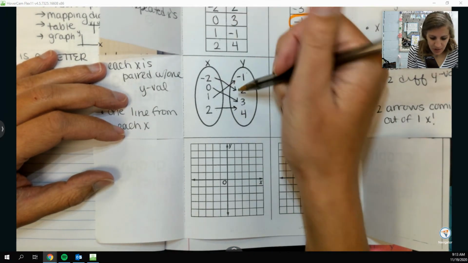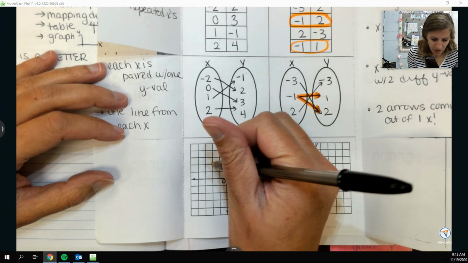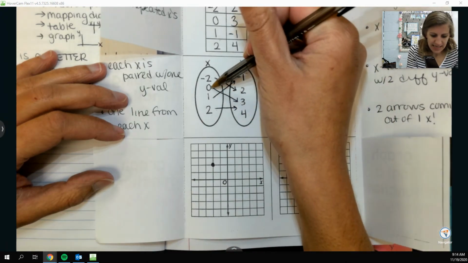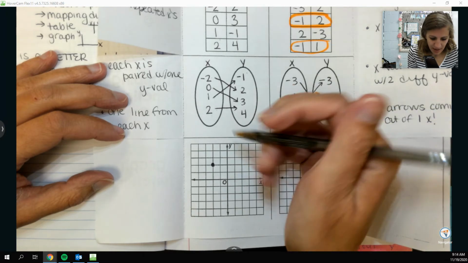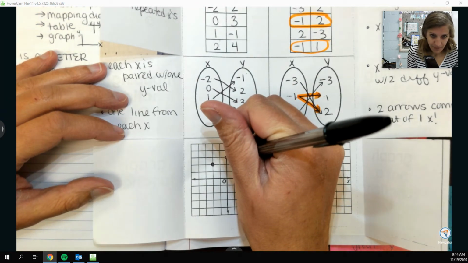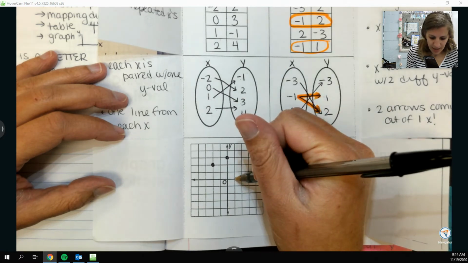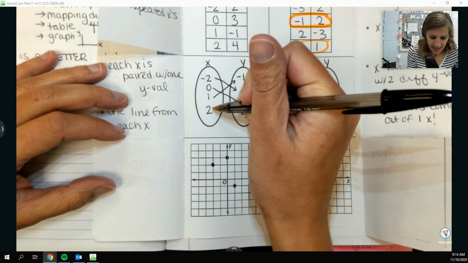So -2 goes with 2, so I go -2 and then 2 and plot my point. 0 goes with 3, so I go 0 and then 3 and plot my point. 1 goes with -1, so I go 1 and then -1.